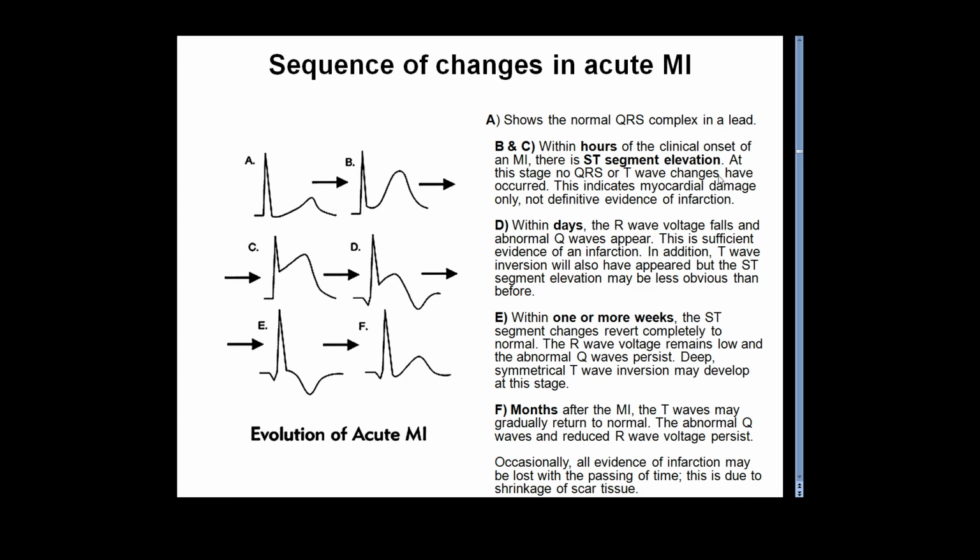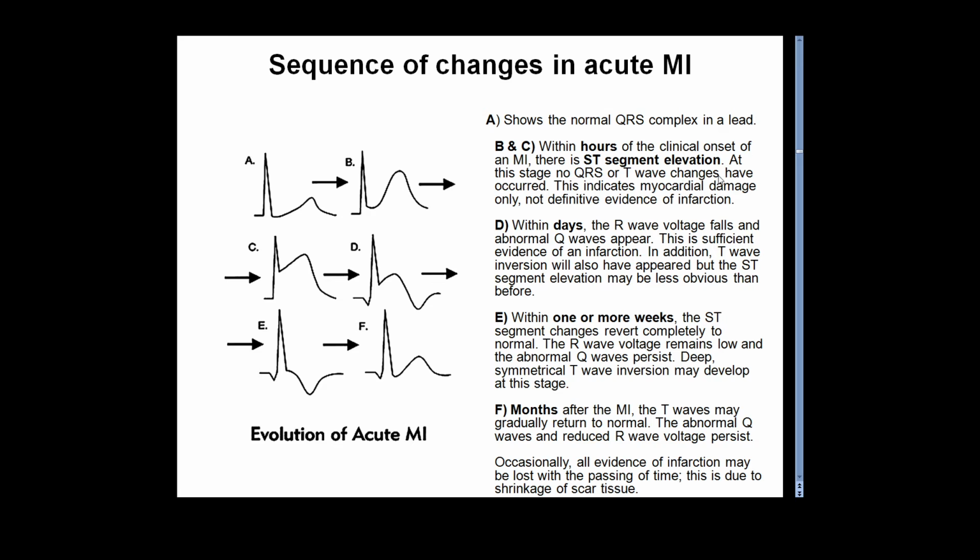Normal QRS complex in lead A. B and C show acute MI within hours of the clinical onset. There is ST segment elevation. At this stage, no QRS or T-wave changes have occurred. This indicates myocardial damage only, not definitive evidence of infarction.